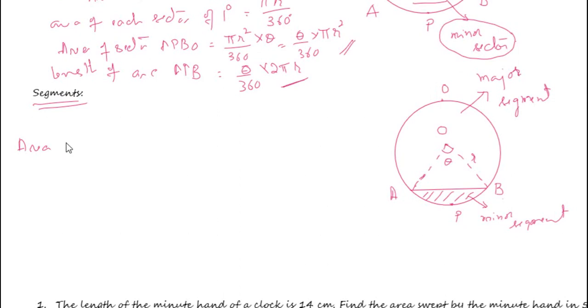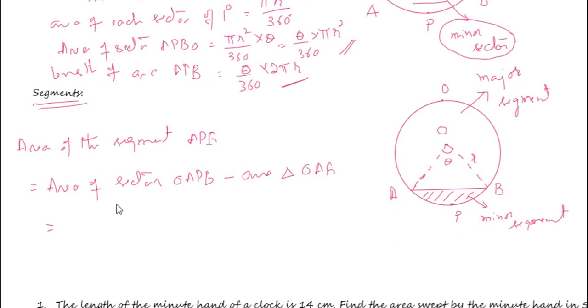Then area of the segment APB is equal to area of sector OAPB minus area of triangle OAB.